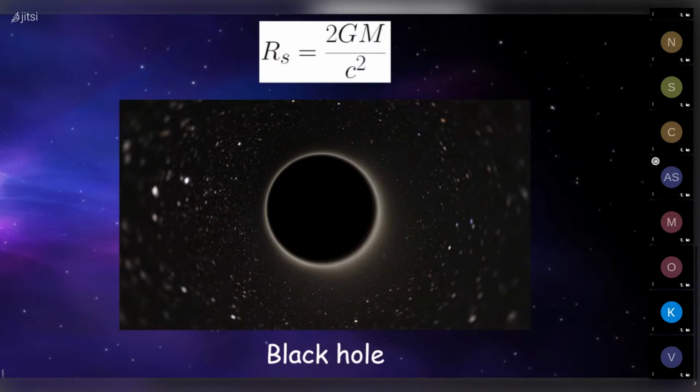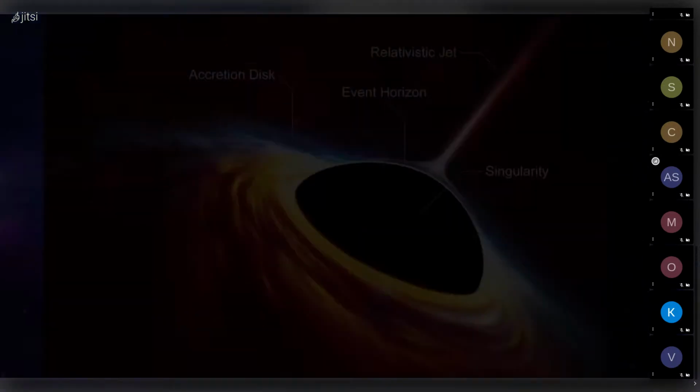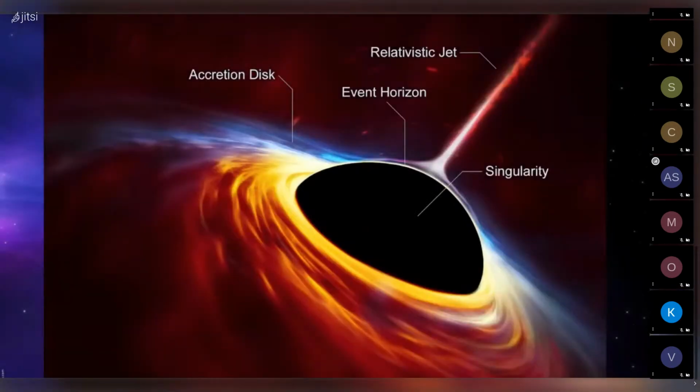Now you can see in my next slide some important parts of a black hole. You can see the accretion disk. The accretion disk is the disk caused by gaseous particles and heated atoms surrounding the black hole. Then there is the event horizon, which is like the boundary between outer space and the black hole.